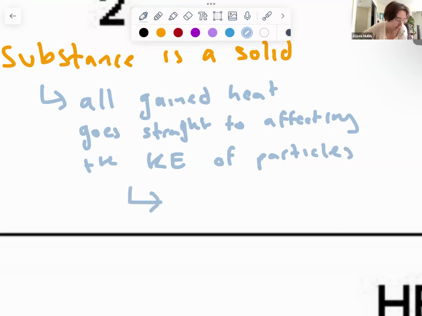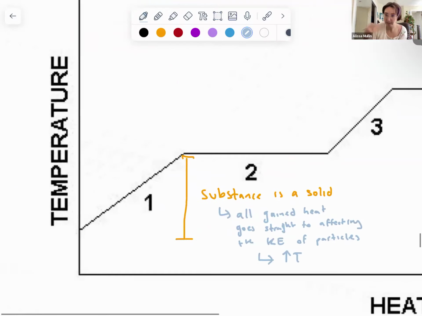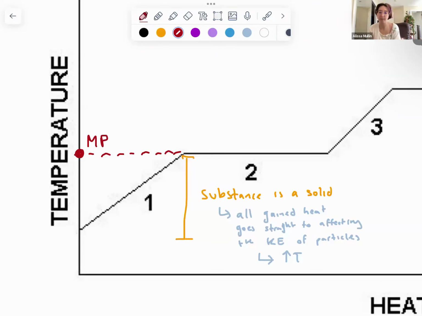So that's why we're observing a temperature change in that range. But as it heats up and as its temperature goes up, at some point the substance reaches its melting point. So this is the melting point of the substance.